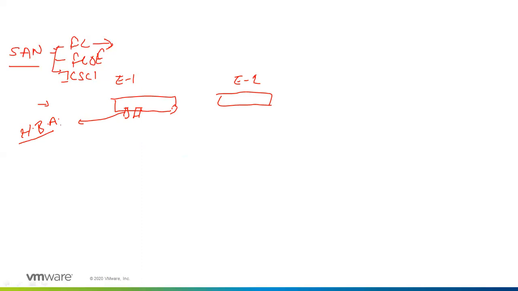All right. So each host will have HBA adapters, and each HBA adapter has a unique identity number that we call the worldwide name, WWN. Okay. So this WWN number is made of WWNN, node name, and WWPN.